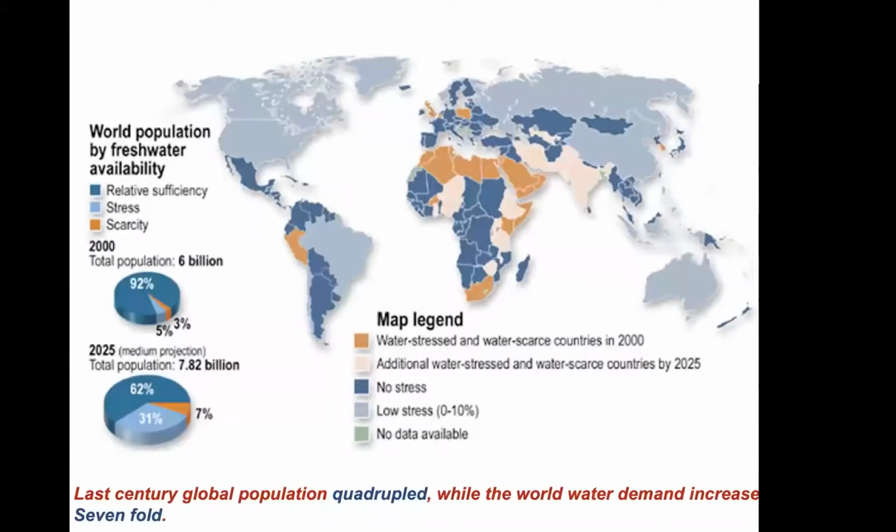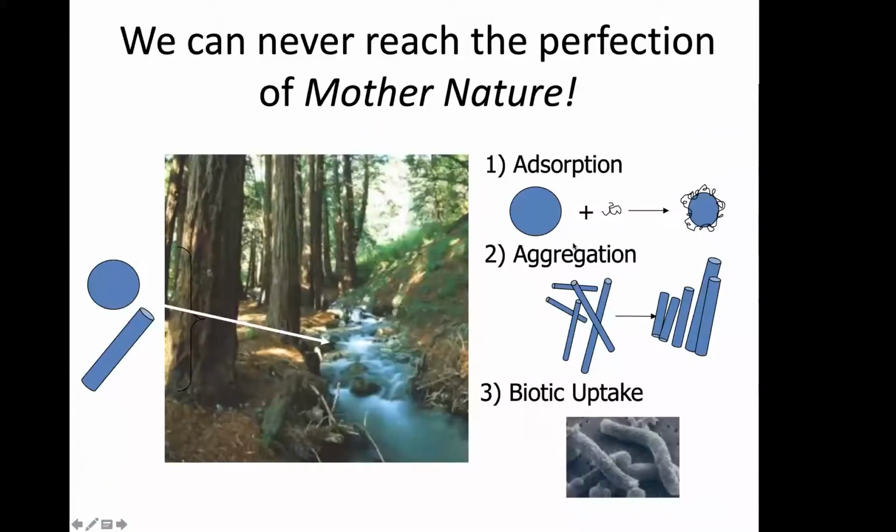Even India is in a water stress condition. You can see that by 2025 the whole of India is going to have water stress. So water is a problem. Now, nature does this purification. You can see natural streams are where the purest form of water is available.